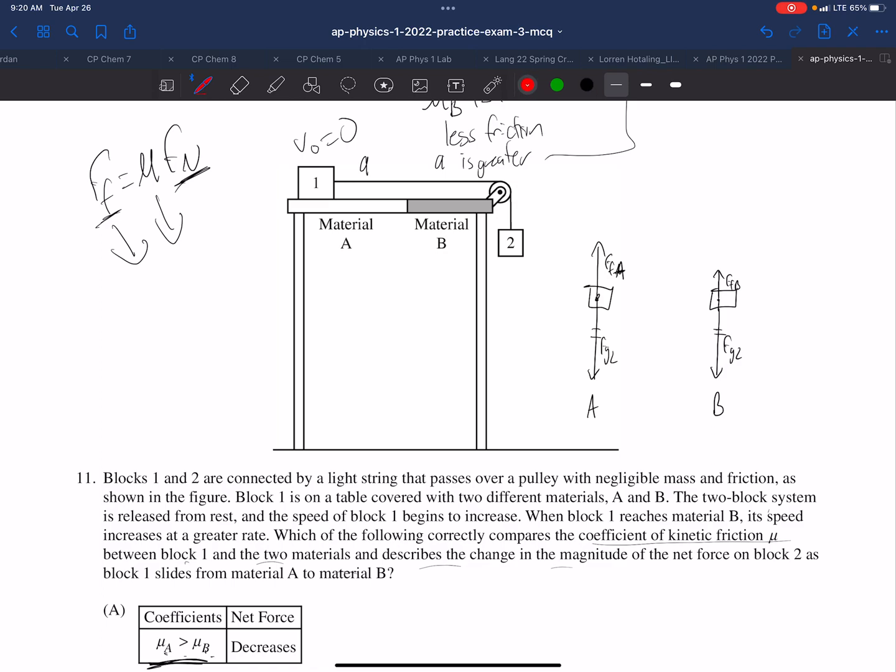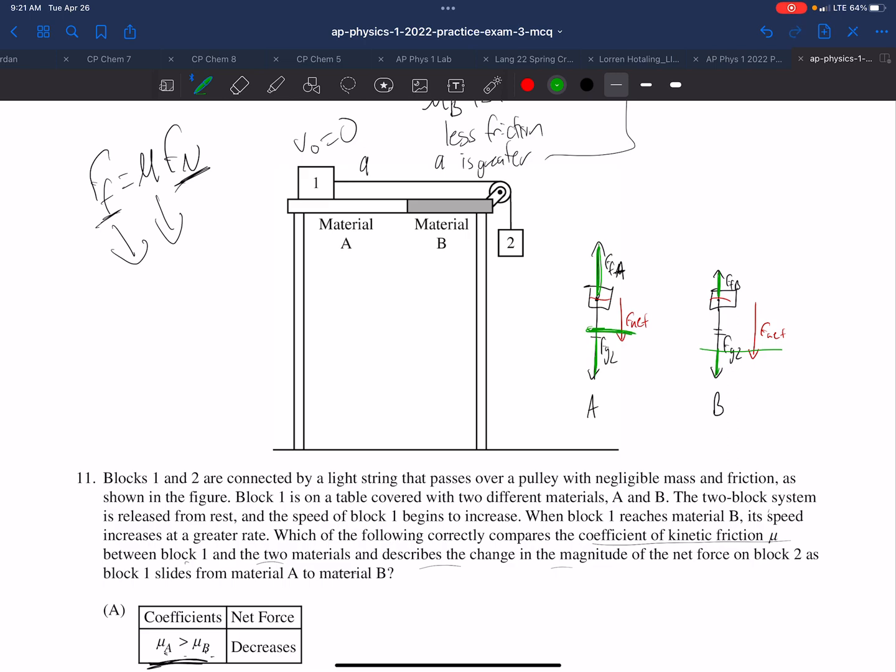So when we draw our net force, we have a net force like this for A. And we look at B, we have a bigger net force because this force of friction and this force of friction at the other end, that force of friction takes up most of that.